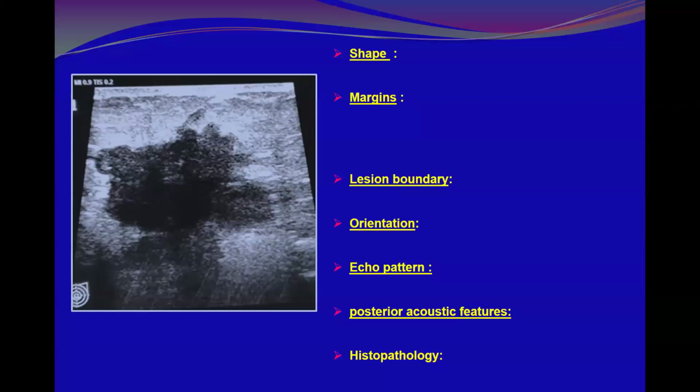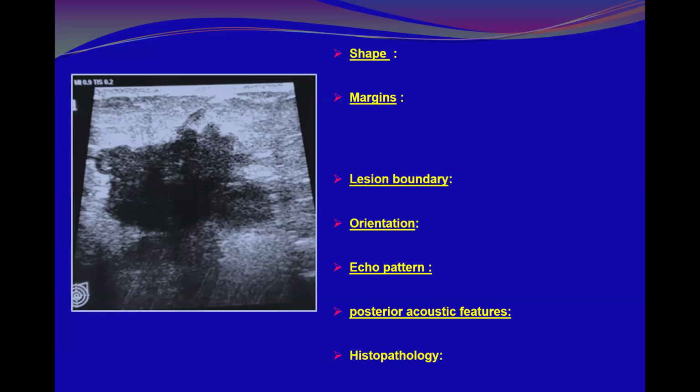Okay, what is the shape here? Irregular shape. Irregular margin. Mixed microlobulation with indistinct and combined, yes, almost all are there. Lesion boundary. Excellent, well done.